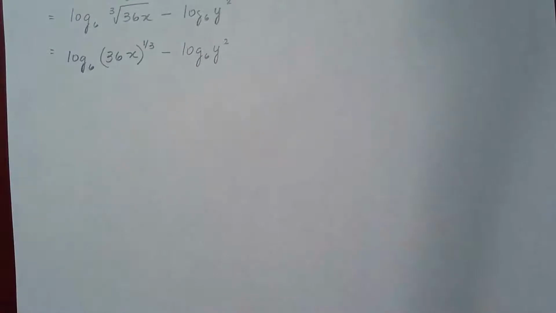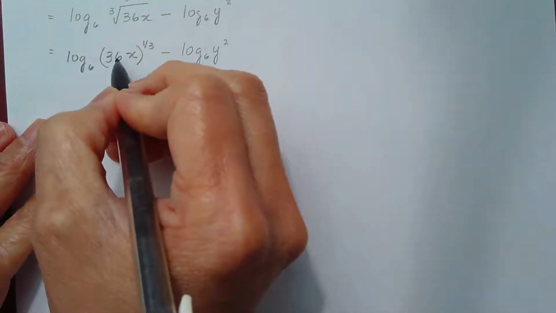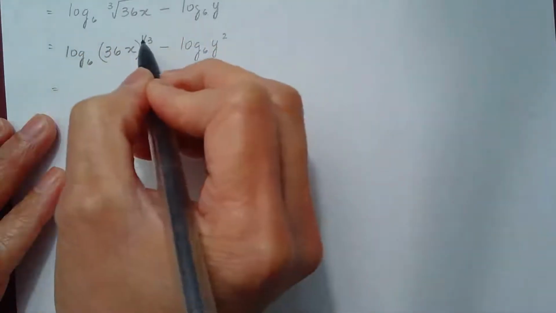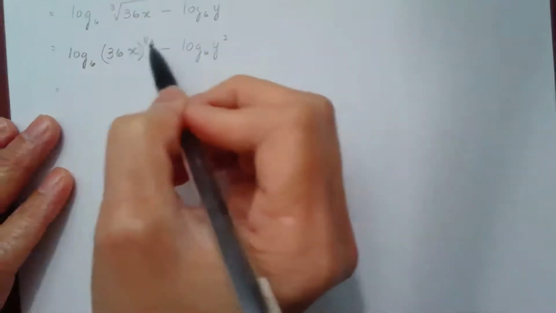Okay, so again, that looks pretty much the same as the other one. Now this is where it's going to start to look a little bit different. As you can see here, 36x, all of that is to the power of 1/3. So what I can do is apply the power rule over here.